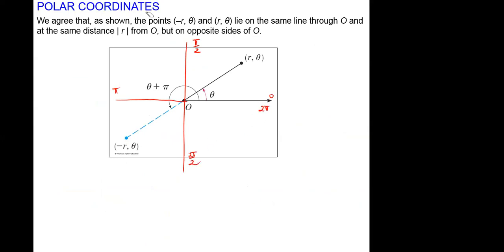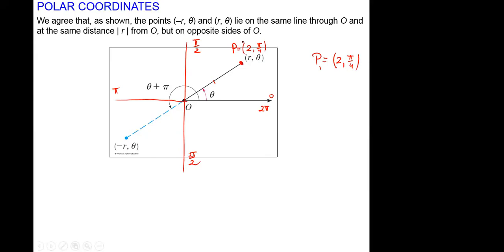Because we have to be confident with all of these angles. Now, having a point, let's say this is 2, pi over 4. That's my point. Distance 2 and the angle is pi over 4. I want this to be P.